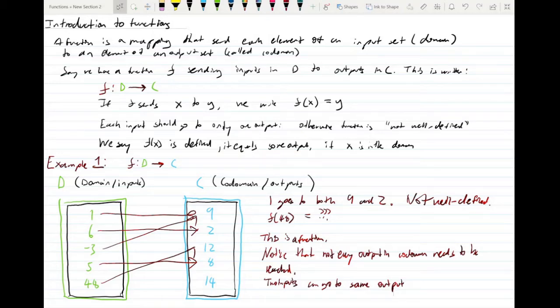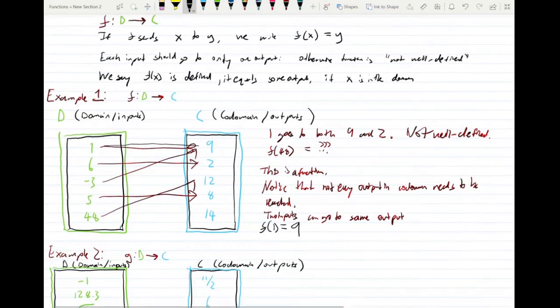Now, given this well-defined, valid function, if we want to find where 1 goes, we say f of 1 equals, and then we trace, let's see where 1 goes. f of 1 equals 9. And so we would know that this function maps 1 to 9.